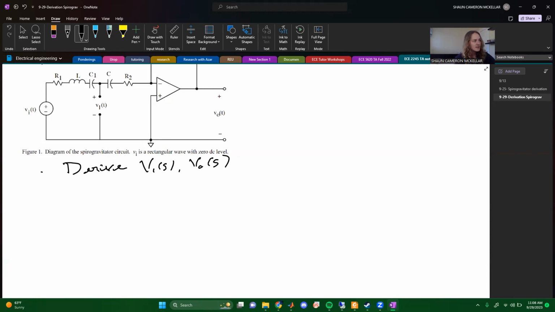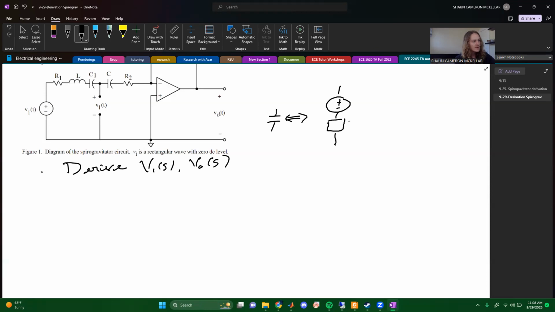The first thing I want to acknowledge is a capacitor's Laplace transform. In the Laplace domain, the capacitor is transformed into this system.